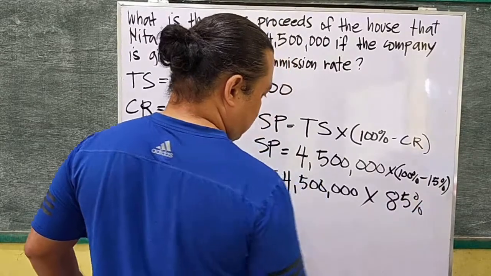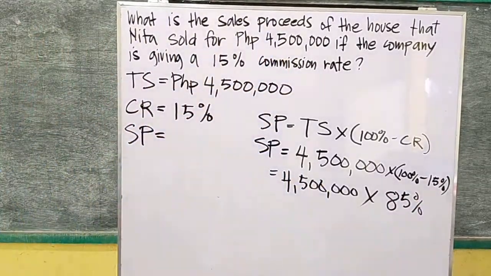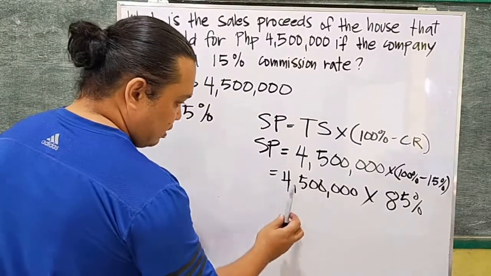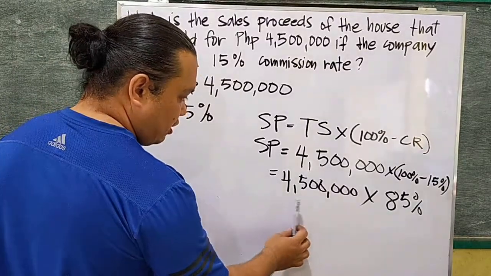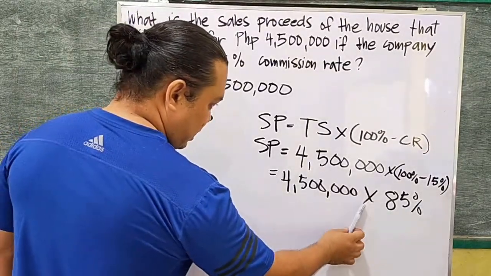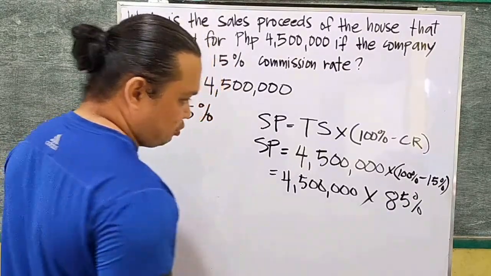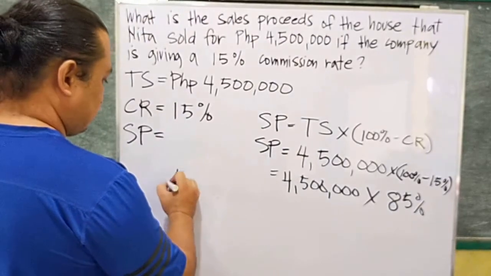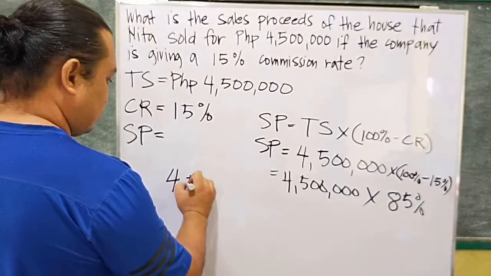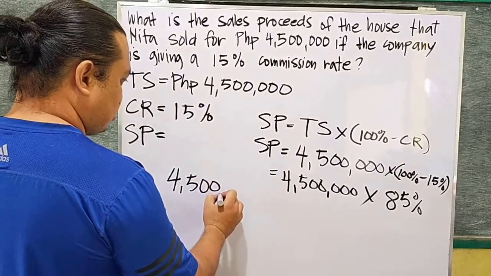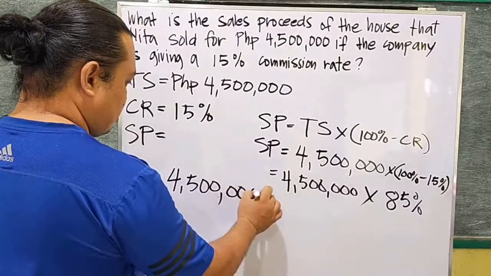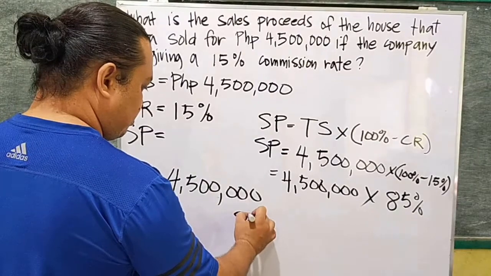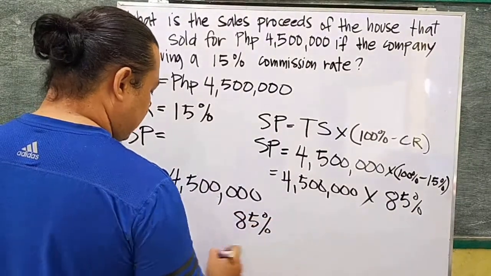Okay, so to get the sales proceeds here, all we need to do is multiply 4,500,000 times 85%. Okay, so how do we do that? First, copy the total sales here, multiplied by 85%.